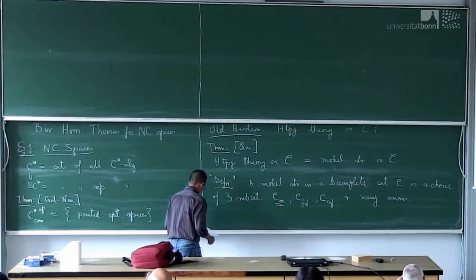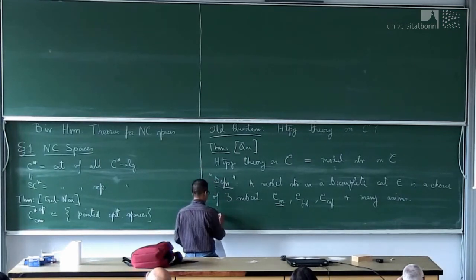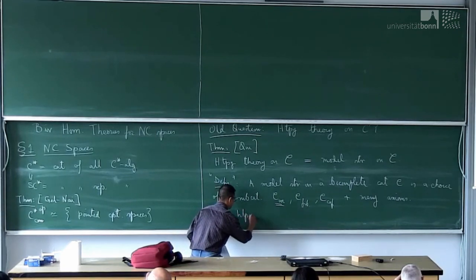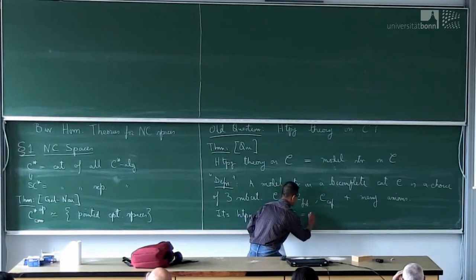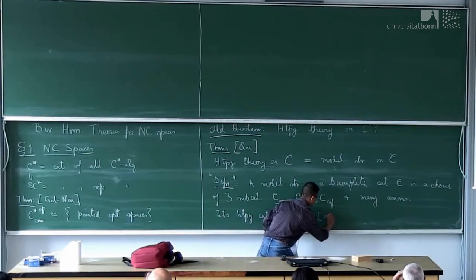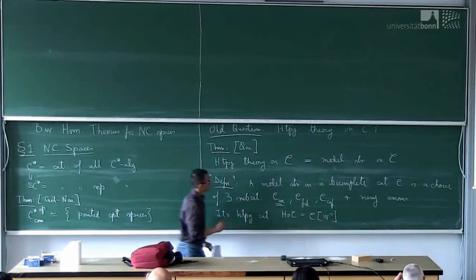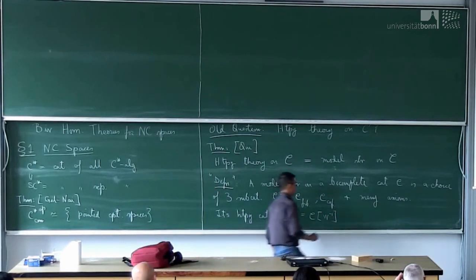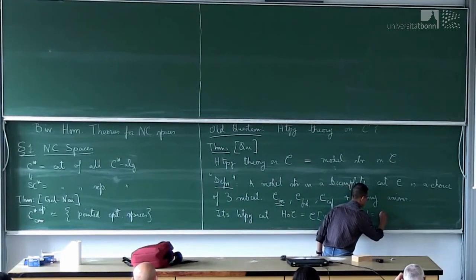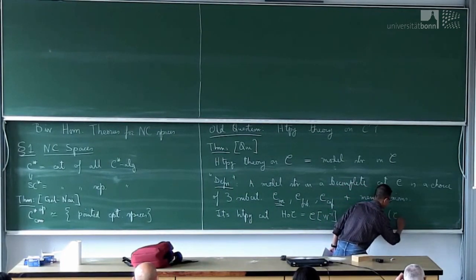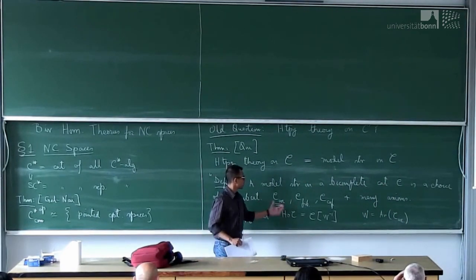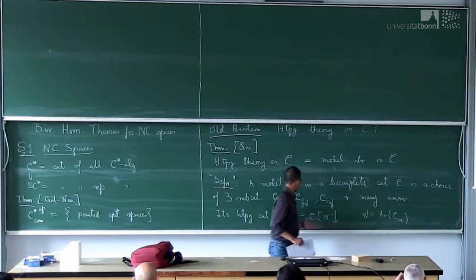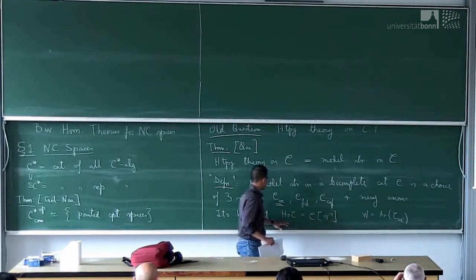And so whenever you have a model structure, then it has a homotopy category. The homotopy category is denoted like this, and this is just the fraction category like so, where W is just the arrows in your chosen weak equivalences. So this basically determines which arrows in your category you would like to invert to arrive at the homotopy category.